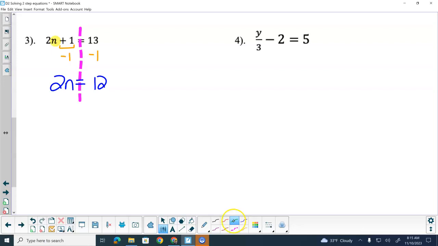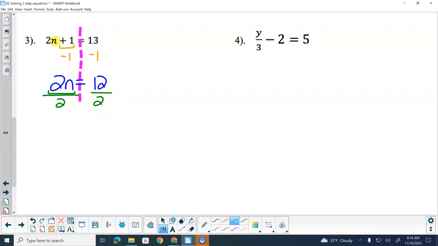Well, what's the mathematical operation going on here with the 2 and the n? Multiplication. So what's the inverse of multiplication, or the opposite of multiplication? Division. So I'm going to divide both sides here by 2.